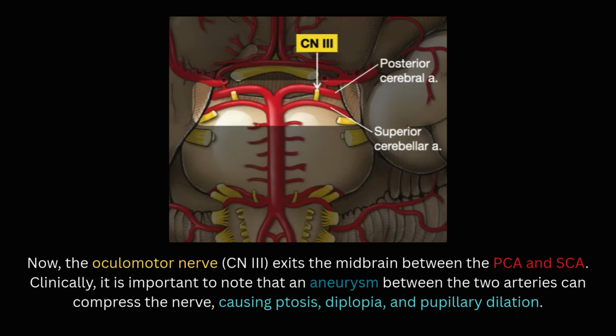Now, the oculomotor nerve, cranial nerve number 3, exits from the midbrain between the posterior cerebral artery and superior cerebellar artery.